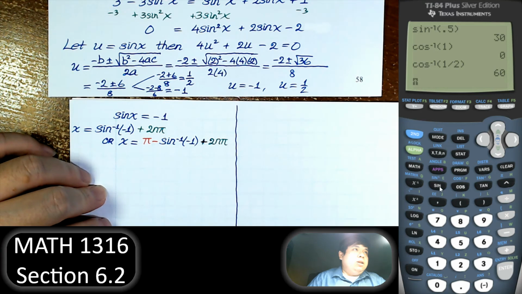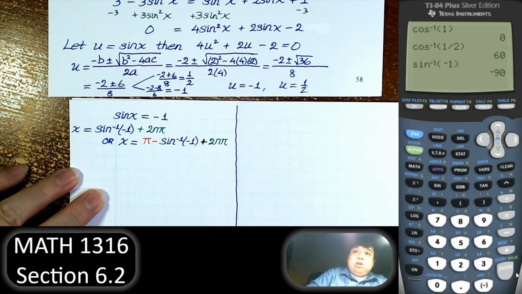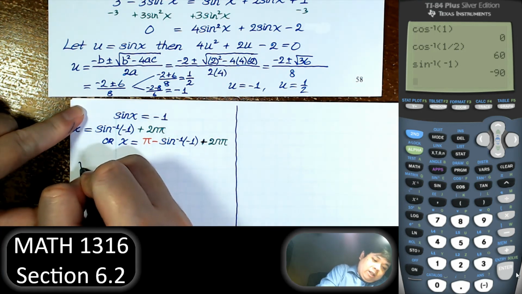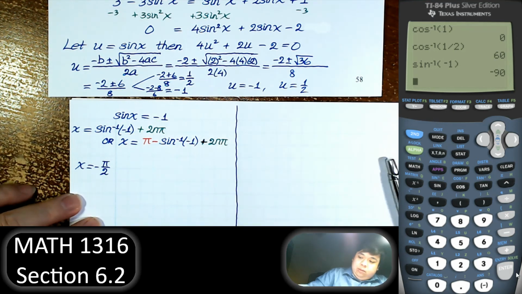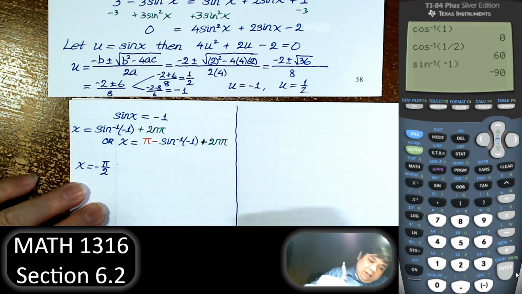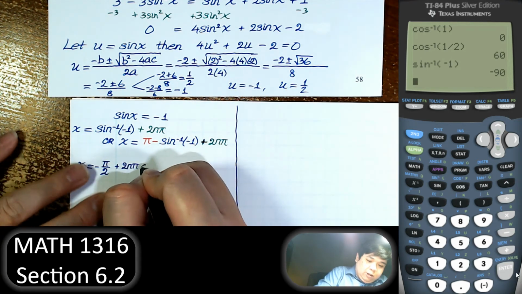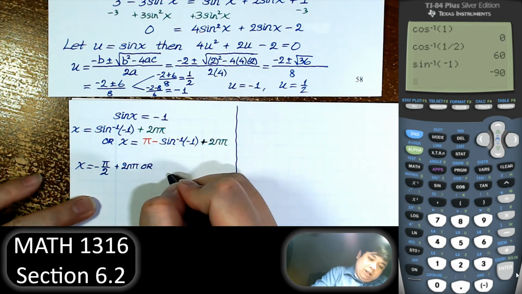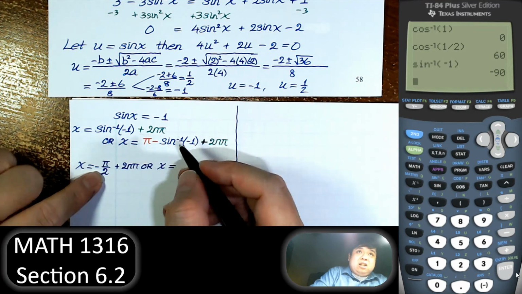So sine inverse of -1 is -90 degrees or -pi/2. So x equals -pi/2 plus 2n pi, or the supplement to it, pi minus that.